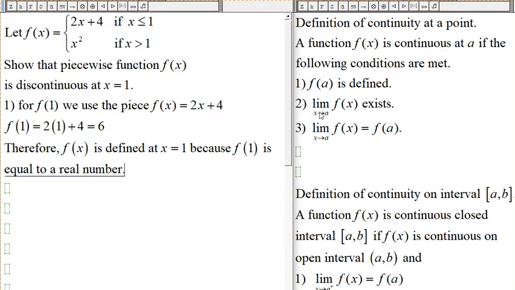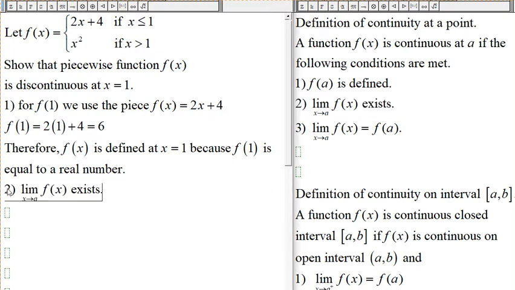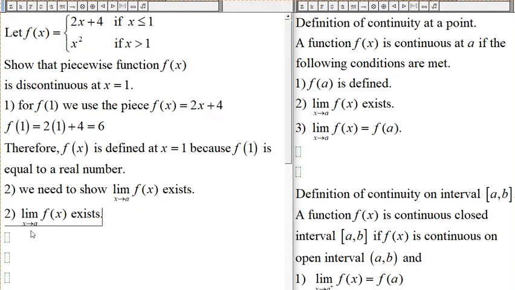And so next we need to find the limit as x approaches a. So we need to verify this condition right here. Here a is 1.